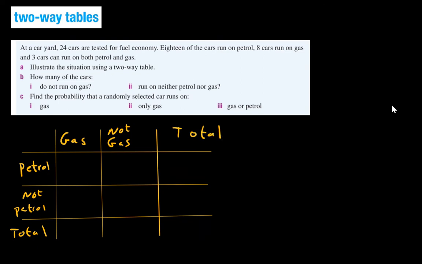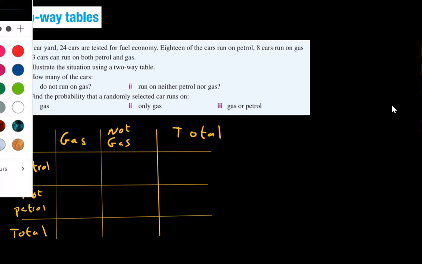Now let's put in different colors what we are told. So we're told that 8 cars run on gas. Let's put what we're told in blue.